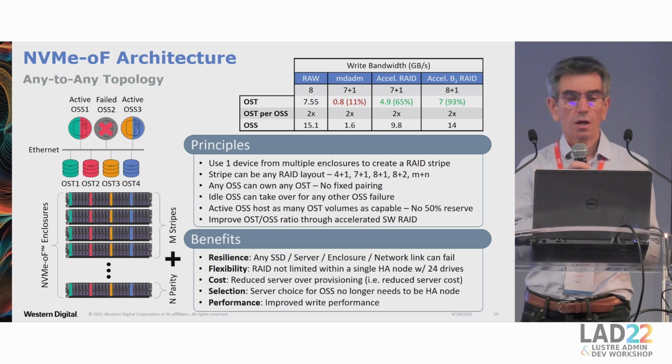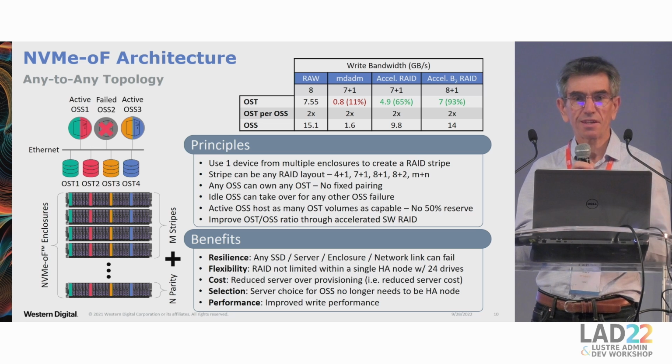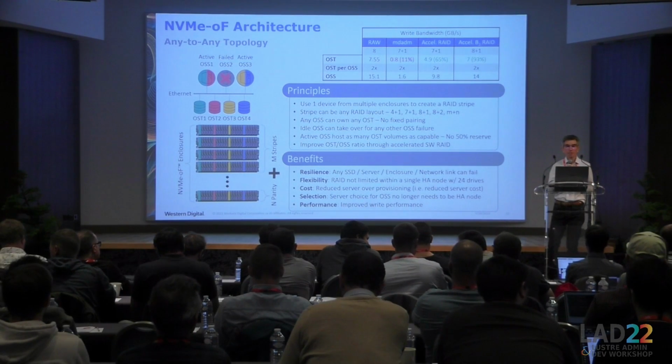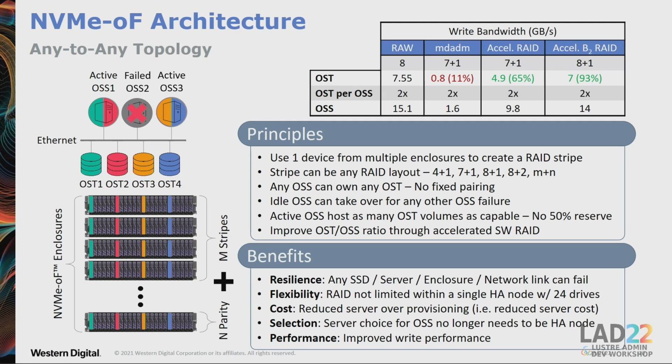So just to finish, because I understand that I will only cover 50% of my presentation, but you will get the details in the backup slides. If we look at the performance here, you can see with raw performance with 8 drives, the OST is 7.55 gigabytes per second.